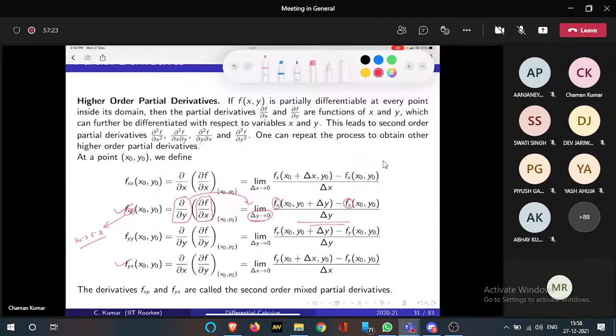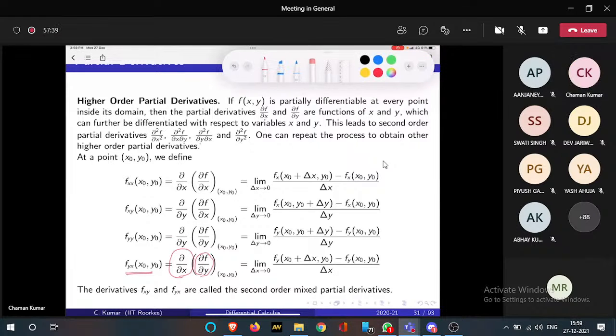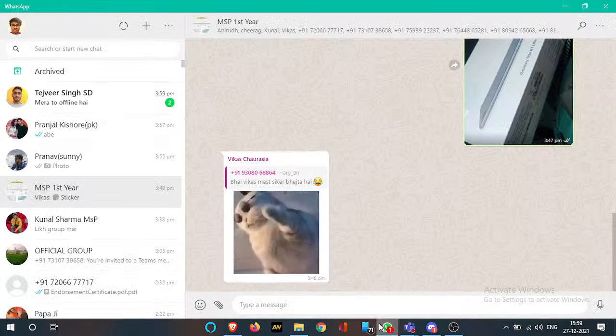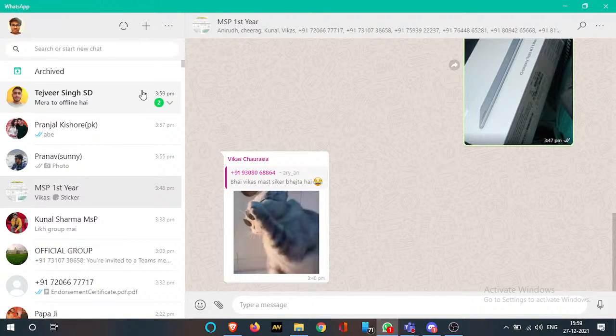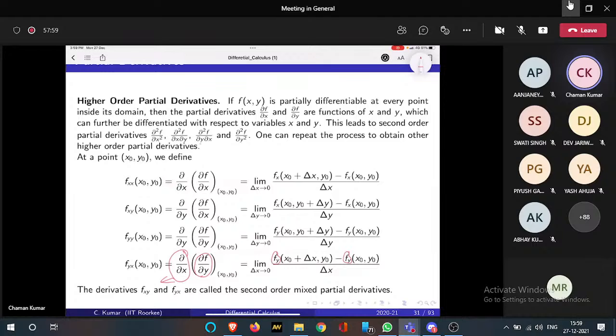Similarly, the other type of derivative one can define as the derivative with respect to the variable y and then the derivative with respect to the variable x. Here you treat this as a derivative with respect to y, and then differentiate with respect to the variable x.